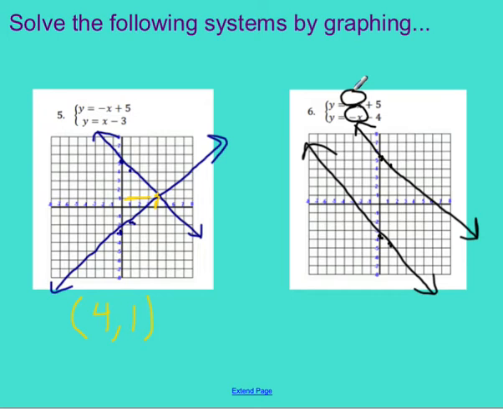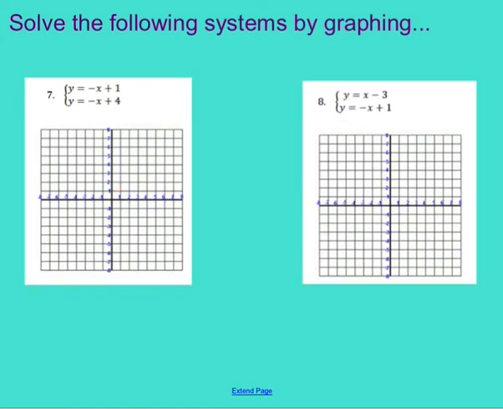So both of these equations have a slope of -1 over 1. Okay, what does that tell us? Well, that tells us that they're not going to cross because they're parallel. They have different y-intercepts but the same slope. So they're not going to cross. So that means here I have no solution. Okay, no solution.